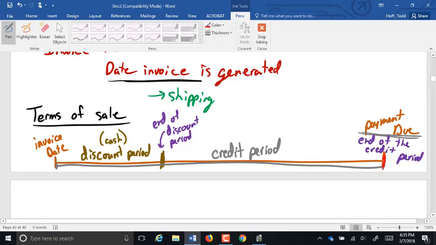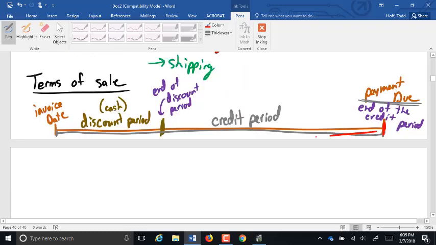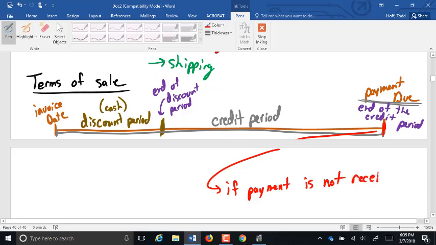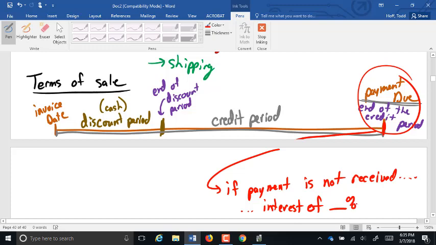Generally, an invoice or a sales contract will state if payment is not received by the end of the credit period, interest of a certain percent will be charged.